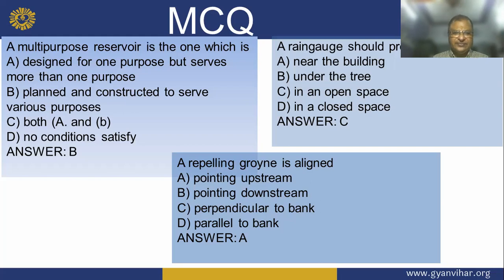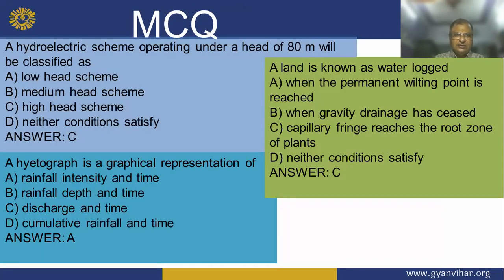Correct answer is A. Now a hydroelectric scheme operating under a head of 80 meters will be classified as? So which is correct? Correct answer is C, high head scheme.